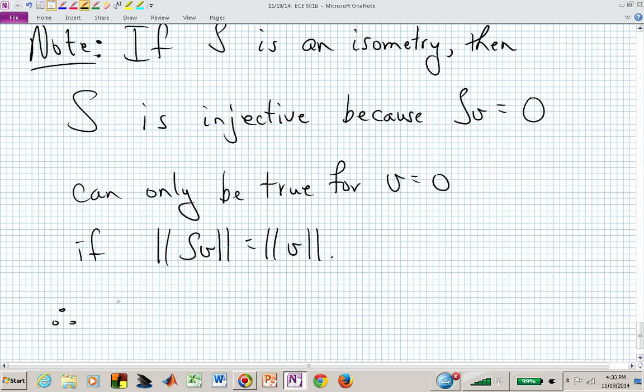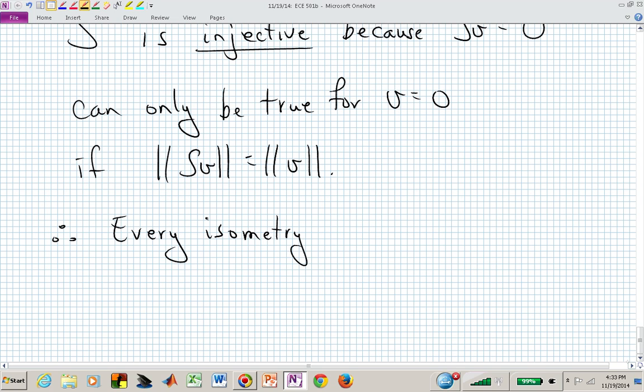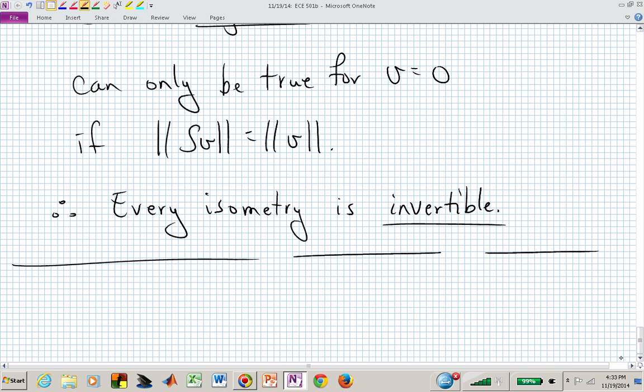Meaning every isometry is injective, which, if it's an operator, means that it's invertible. So anytime you have an isometry, it's invertible.